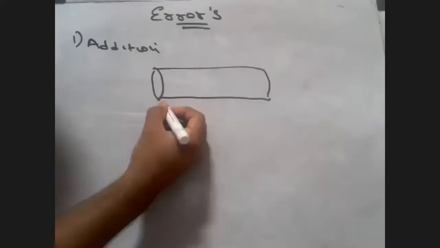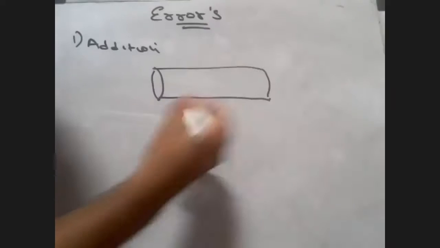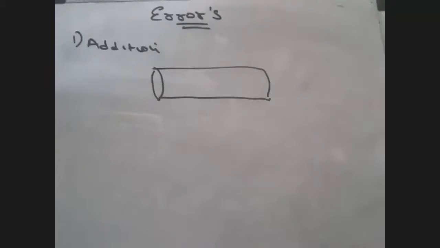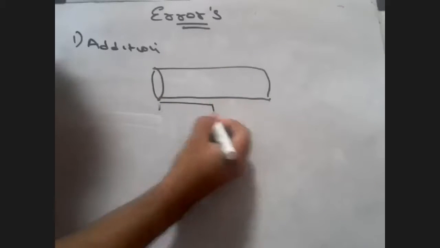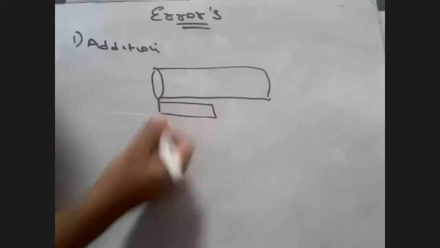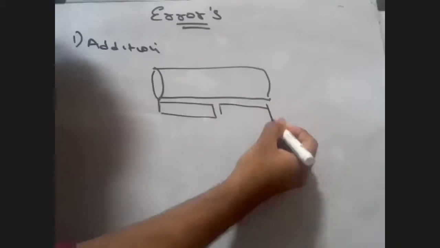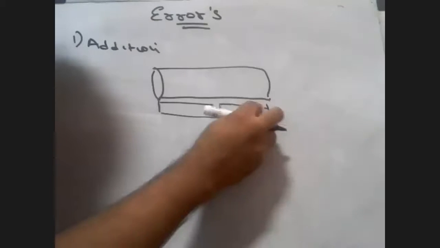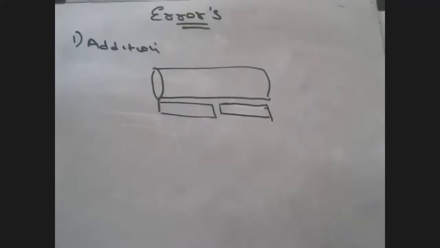I don't have a big scale, okay? I have two scales, and both the scales are half of the cylinder's length. So let's say this is my scale number 1, that 10 rupees ka scale. And another scale is like this. So these are my two scales.